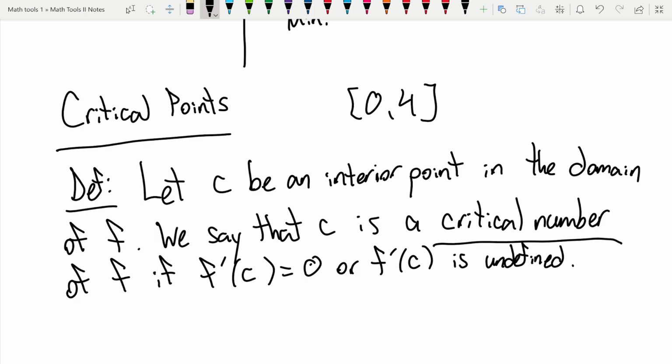Okay. So this would mean that C is a critical number of F.